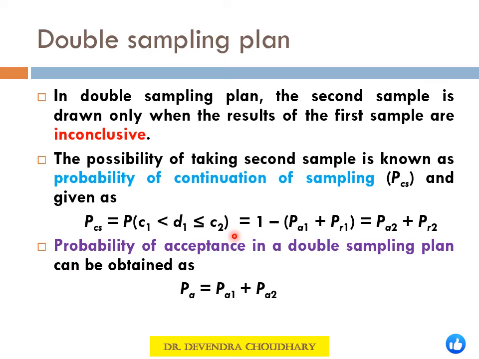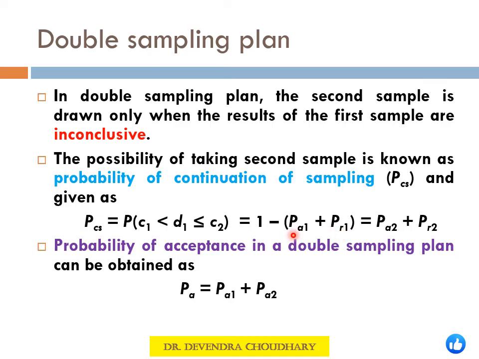This can also be written as 1 minus the probability of accepting the lot after first sample or the probability of rejecting the entire lot after first sample.